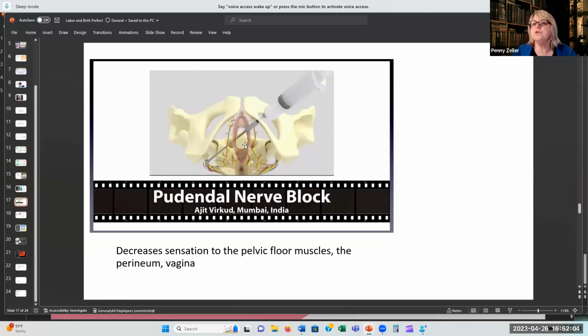So the pudendal nerve block is much more ideal. The epidural is going to work for early labor, active labor. Once she reaches 4 centimeters, we can do epidural.